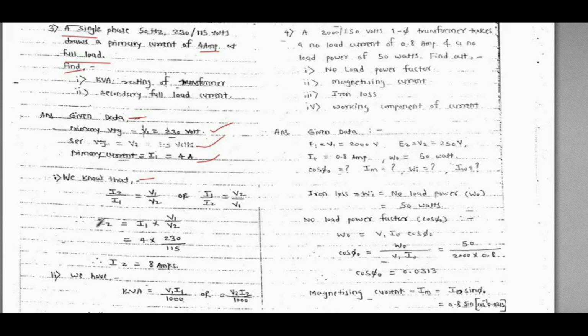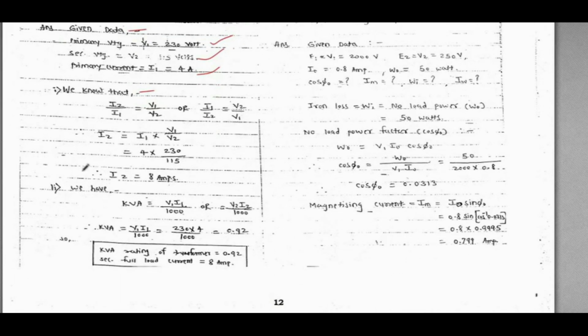Then put all the given data here. I1 is given, V1 is also given. Just put here, you will get I2, that is 8 ampere. Then we have kVA is equal to V1 I1 divided by 1000, or you can use this formula also, V2 I2 divided by 1000.